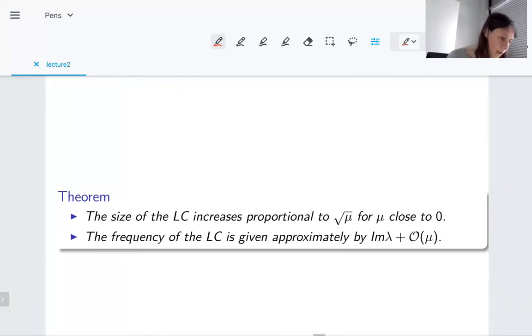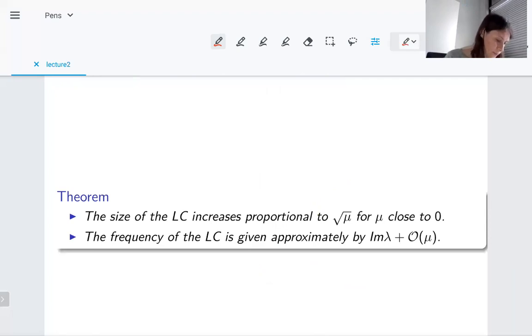Okay, so similarly, this is just saying that the limit cycle has amplitude the square root of mu, and on the other hand, the frequency of the limit cycle, when this limit cycle is born, is given by the imaginary part of the eigenvalues of the Jacobian matrix at the origin.